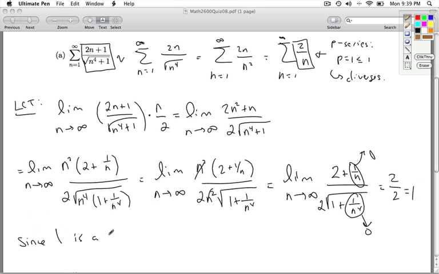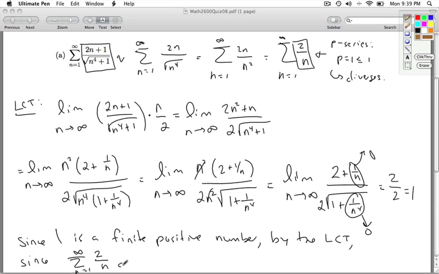Since 1 is a finite positive number, by the LCT, since the series n equals 1 to infinity of 2 over n diverges, so does the given series. So that'll do it for part A.